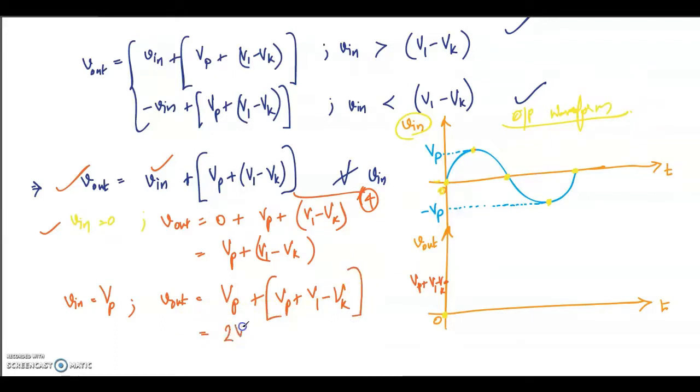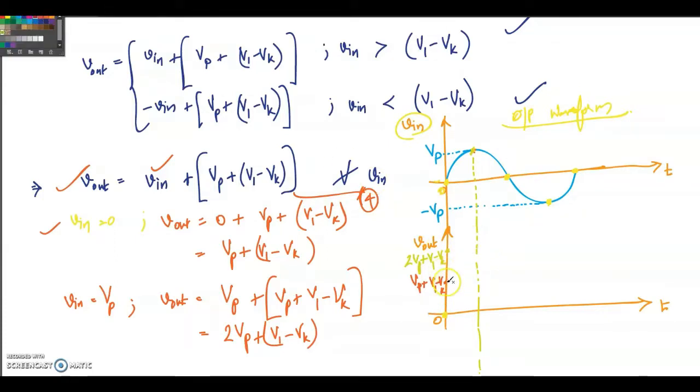That is equal to 2Vp plus V1 minus Vk. So at this point, Vp, let me see the corresponding point here. This is the line for Vp. When Vn is equal to Vp, what is the value here? It is 2Vp plus V1 minus Vk. Okay. So my waveform will look like this.